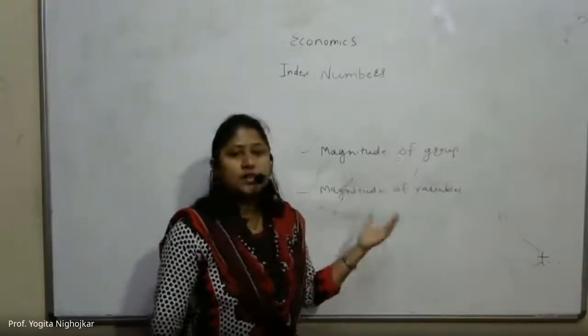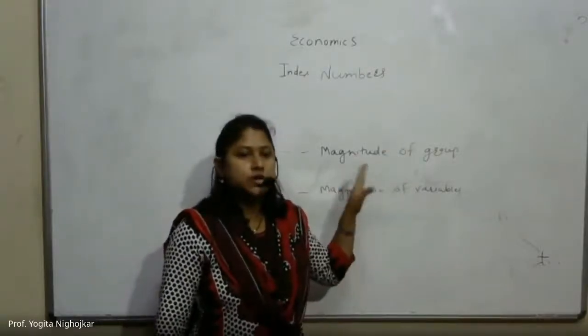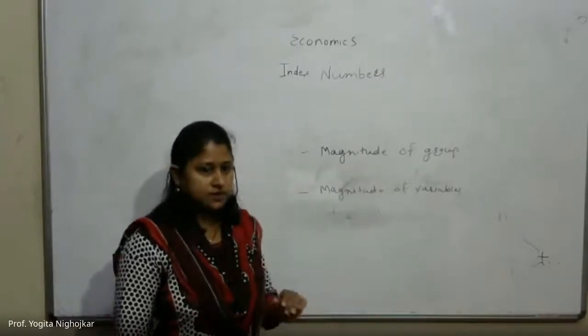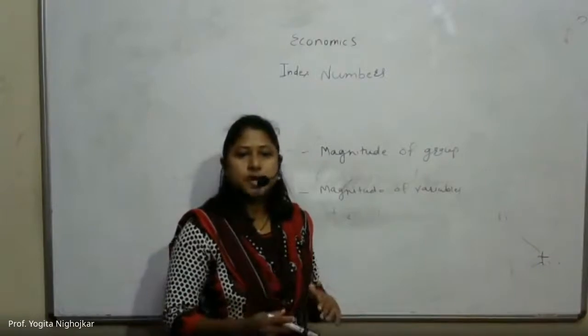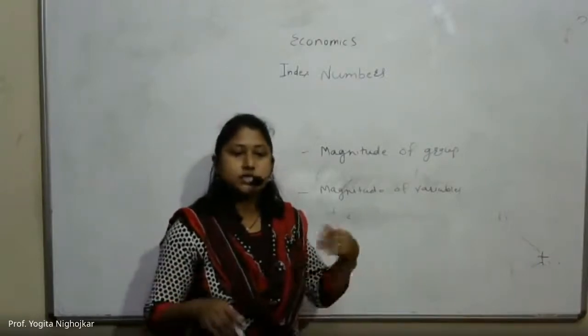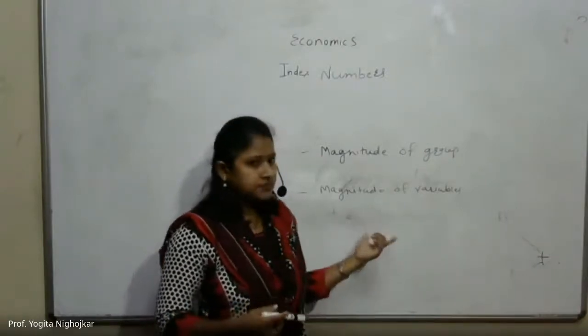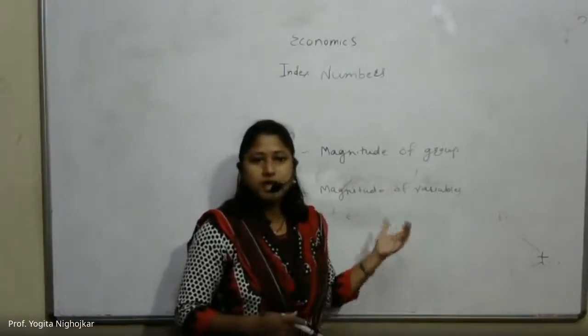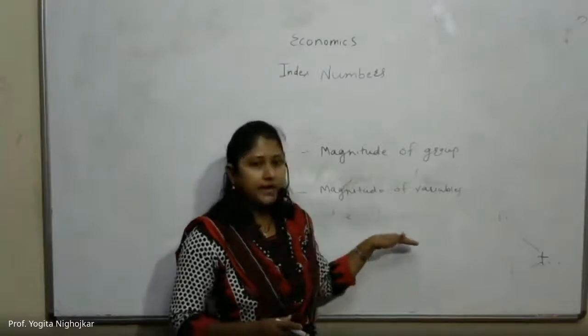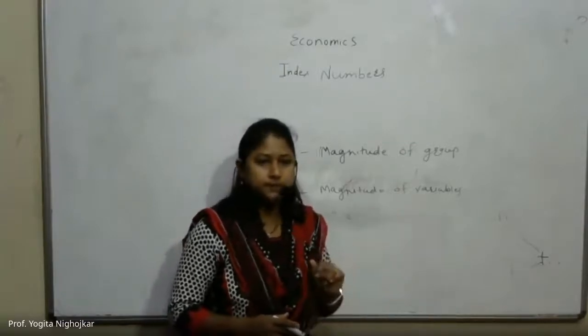Summing up these two definitions, an index number is a device which shows by its variations the change in the magnitude, which is not capable of accurate measurement itself or of direct valuation over time.